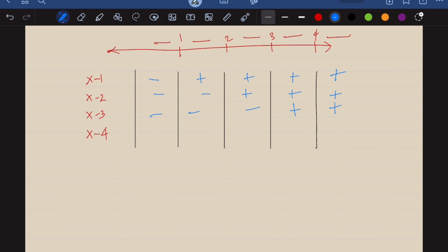For x minus 4, everything to the left of 4 is negative, and everything to the right is positive. An easy way to do this is just to mark where these expressions become 0. Mark this one, this one, and this one. Everything to the left of that circle are negative values, and everything to the right are positive.